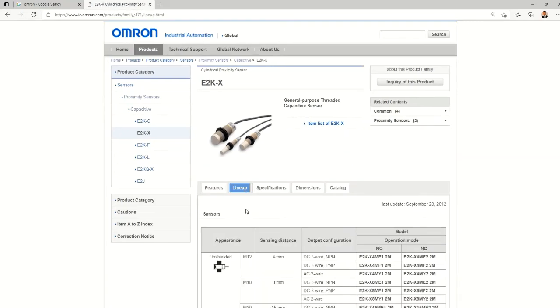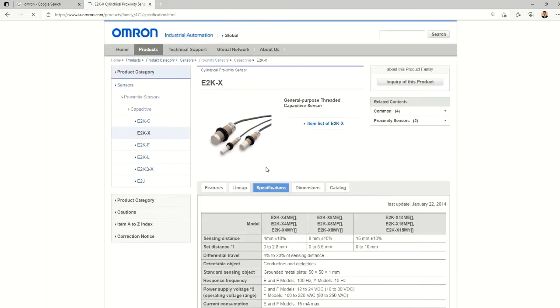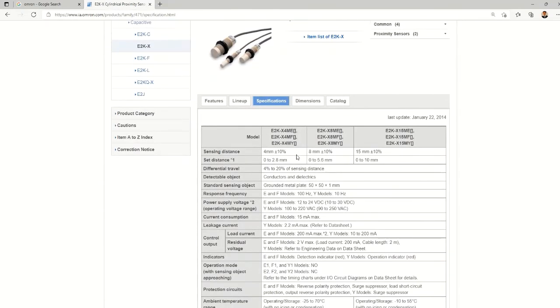So let's see the lineup. Here we have the sensing distance like 4 mm, 8 mm and 15 mm, you could see here, right? Then we will see the specifications, the model and its sensing distance is mentioned over here with the tolerance value plus minus 10%, right? So you can see the other electrical parameters.